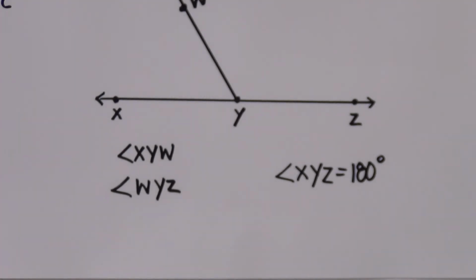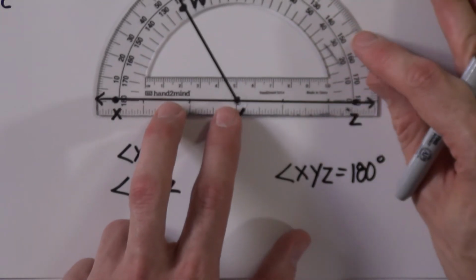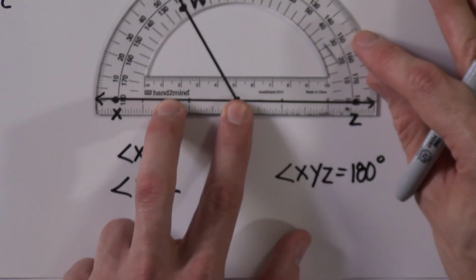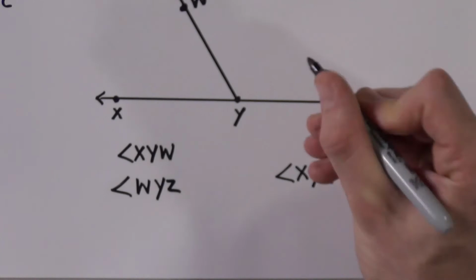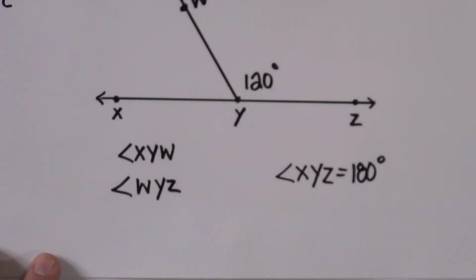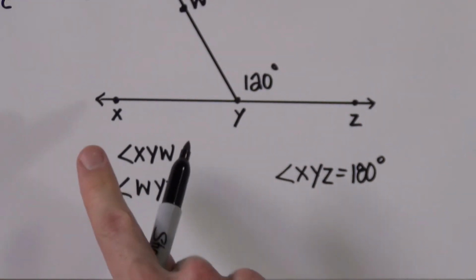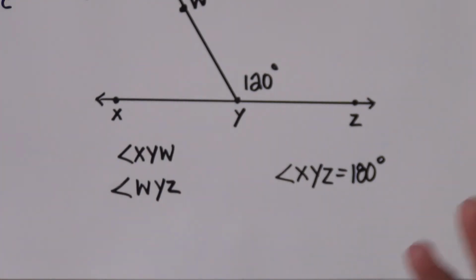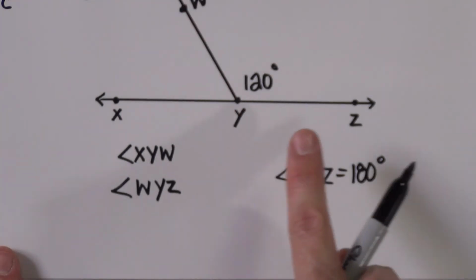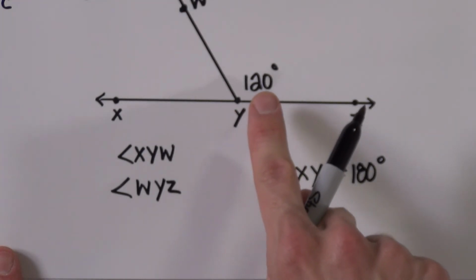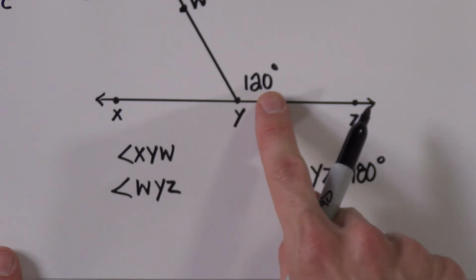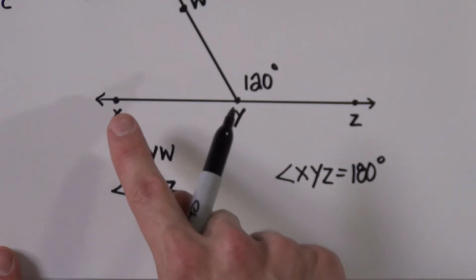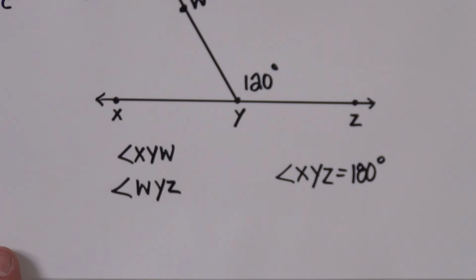So just like we did with complementary, we can now do with supplementary. If I know the measure of one of these angles, so I'll use my protractor real quick and measure, angle WYZ is 120 degrees, then I can figure out what angle XYW is. The students might be asked, okay, if angle WYZ has a measure of 120 degrees, and its supplement is angle XYW, what is the measure of angle XYW?